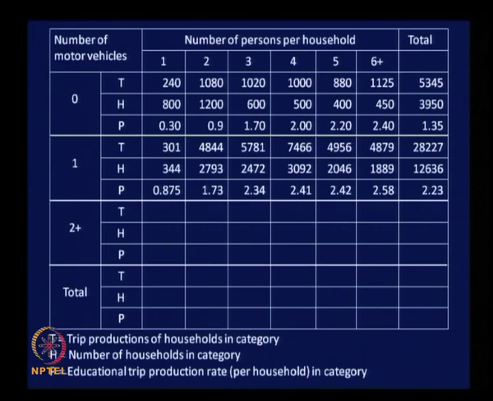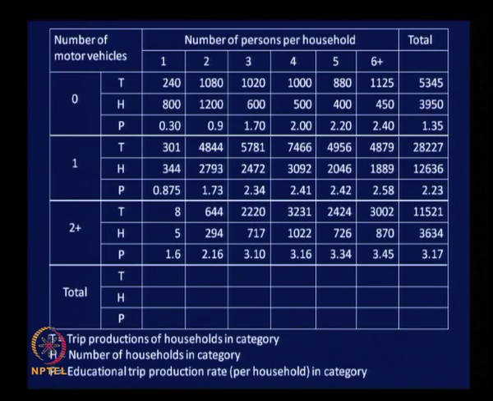And let us look at the details for households owning 2 or more motor vehicles. And for same one person household, you see trip rate is almost doubling compared to the previous value. It is 1.6, and 2.16 for 2 person household, 3.10 for 3 person household, and so on.